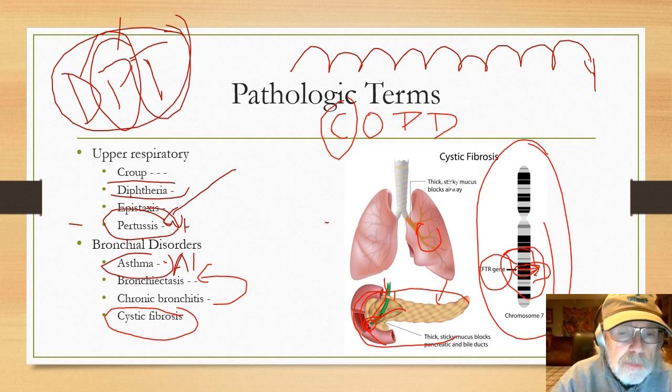Nowadays, they're coming up with newer treatments. It was just a few months ago that I saw something about therapeutic trials that are very promising for helping people with cystic fibrosis have significantly longer lifespans.